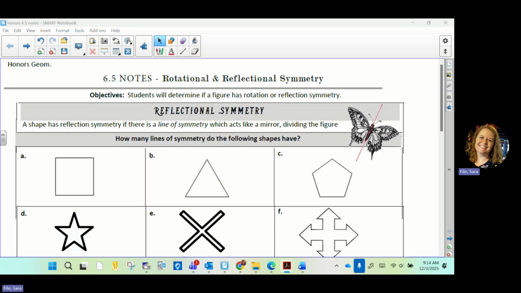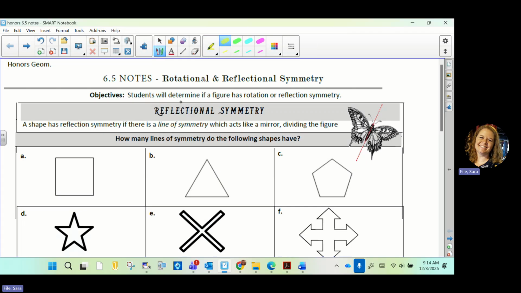When we talk about reflectional symmetry, we've talked about reflecting on the coordinate plane across the X or Y axis, or the line Y equals X. But when we have shapes and we want to know if they have reflectional symmetry, we're checking for a line of symmetry.